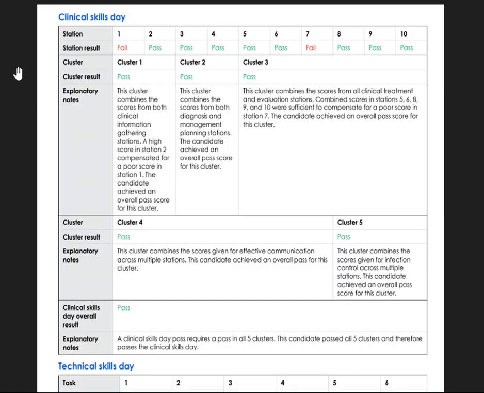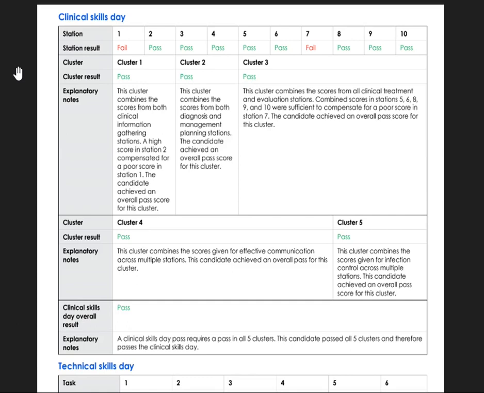Now let's take an example of another candidate. This candidate scored 25 in station 1 out of 45, and he scored 40 in station 2 out of 45. Now this candidate's total score is 65 out of 90. Like I mentioned just now, ADC has set a par score of 68. So this candidate will fail the cluster. So now you see the difference between the two candidates.